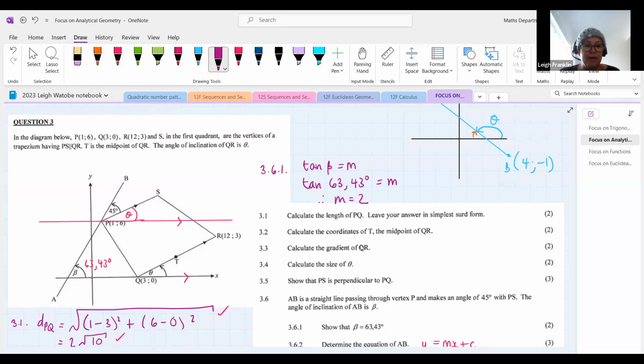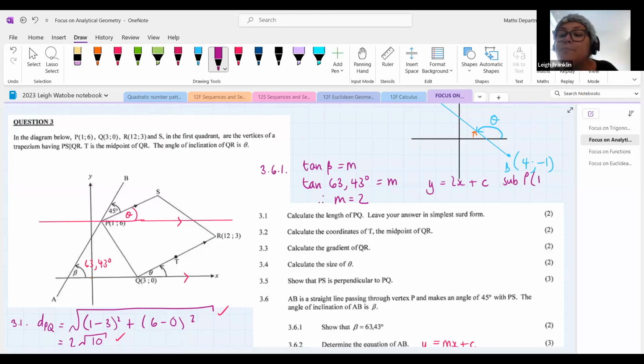So we're using tan beta equals m to get the gradient of AB because there's no other way to calculate it. We don't have any coordinates at A or B that we can use. The only thing that we can do to get the gradient is to go back to tan beta equals m.